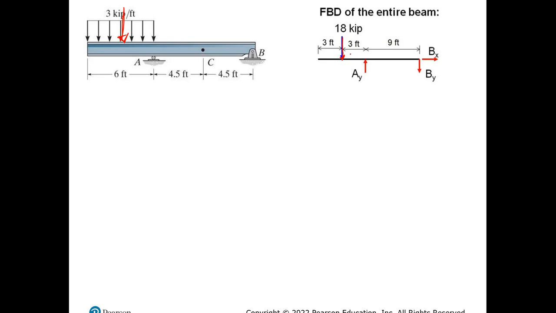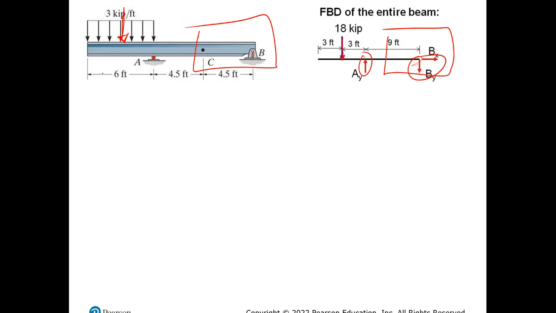So if it's 6, it'll be 3 from the left side, or from point A. Then we have the support reaction right here, and then the support reactions at B. So now we only need to calculate Bx and By, because we need that to analyze just the right side, as we decided at the beginning of the exercise.